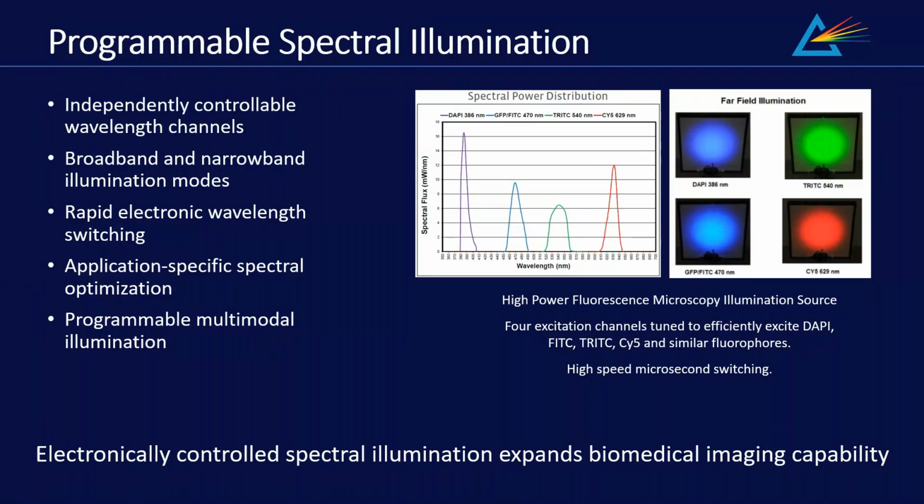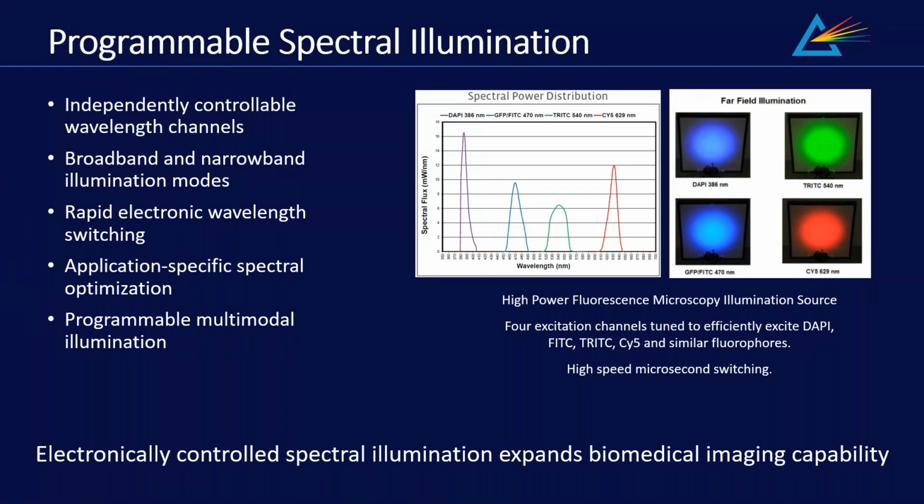So this allows illumination systems to support both broadband white light imaging and narrowband analytical modes within the same platform. In biomedical applications, different wavelengths can be optimized for different functions, such as fluorescent excitation, hemoglobin contrast enhancement, tissue differentiation, or molecular diagnostics.